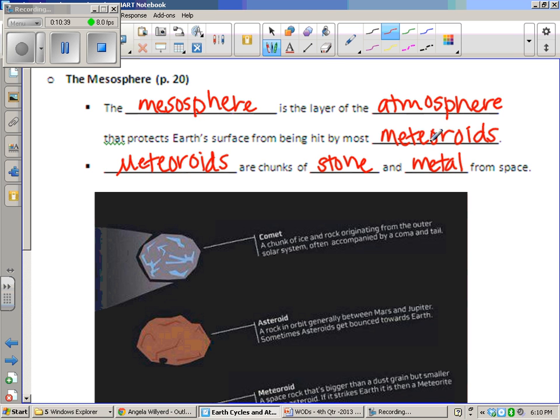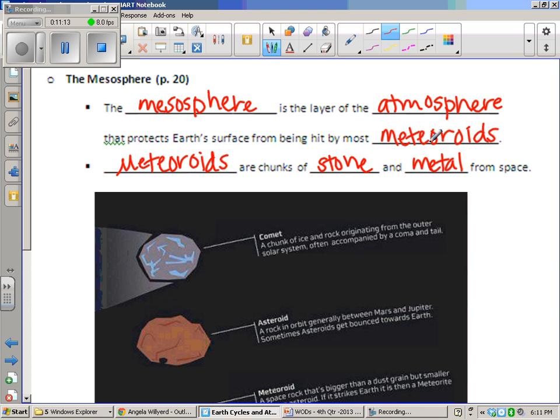Okay, so because it's so cold, those gas molecules are all spread apart, what happens is that these meteoroids are used to falling through a vacuum, space, right? There's just nothing to it. There's no particles out in space. And so whenever they get into the atmosphere and into the mesosphere, when they bump up against those gas molecules, they start to burn up because of friction.